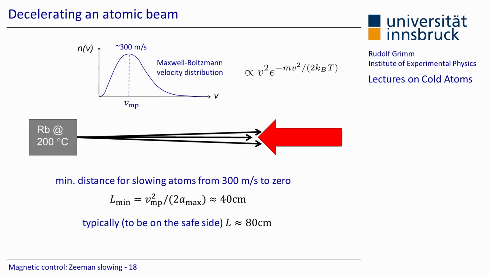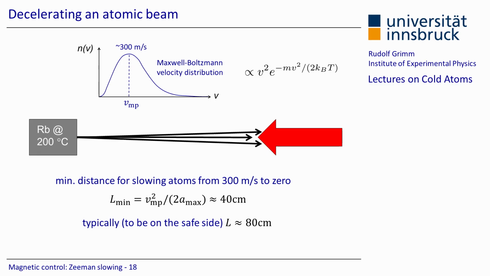This means that with the maximum possible scattering force, we need a minimum distance of 40 centimeters to slow the atoms in the beam from 300 meters per second down to almost zero.